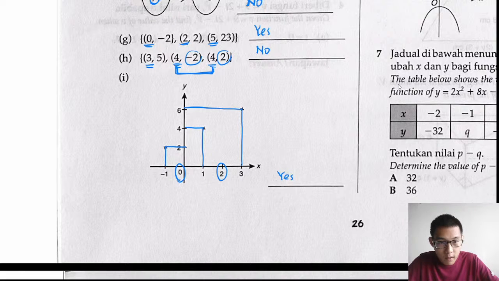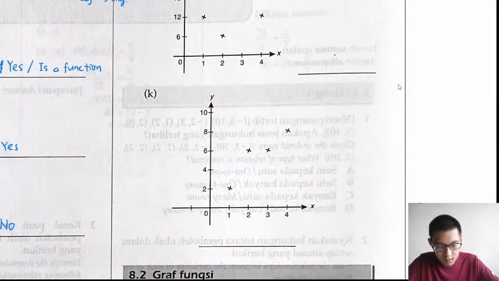If they are in the domain, that means no, but if they are not in the domain, that means yes, because we have negative 1, 1 and 3 as the domain. So let's see which objects are in the domain. If this is in the domain, that means no. If this is not in the domain, that means all objects have the image, so it's yes.